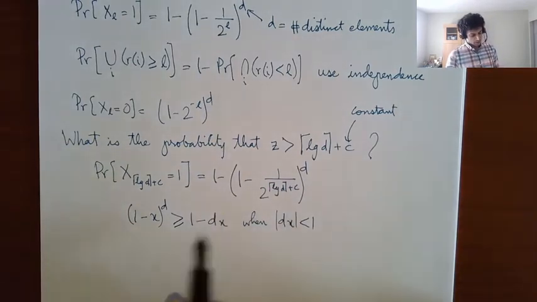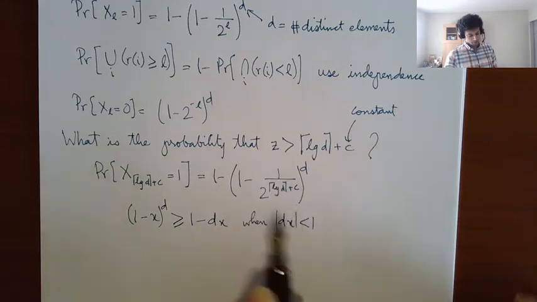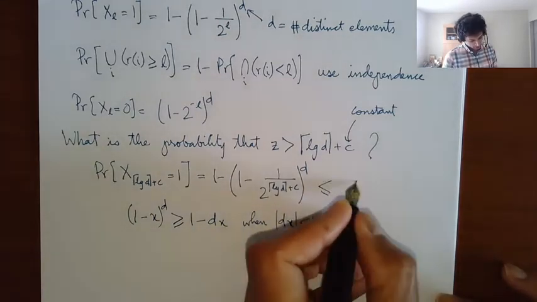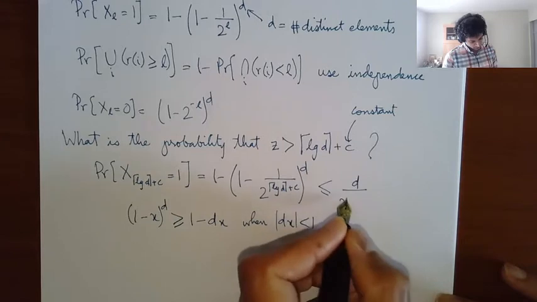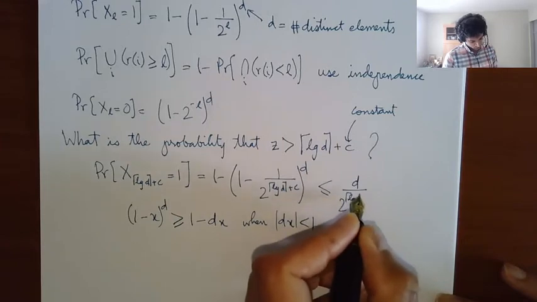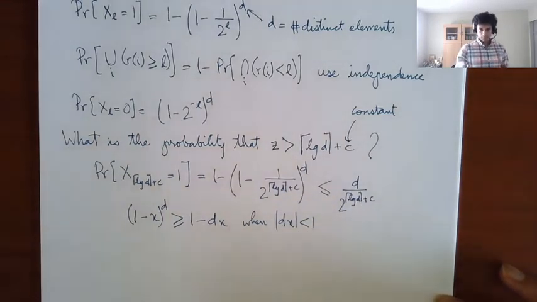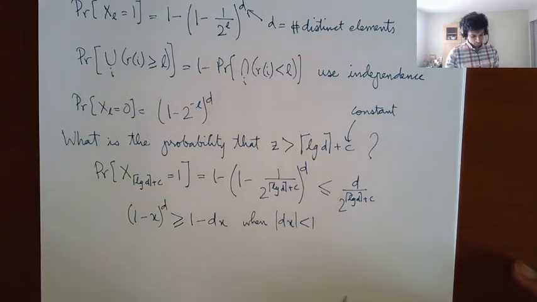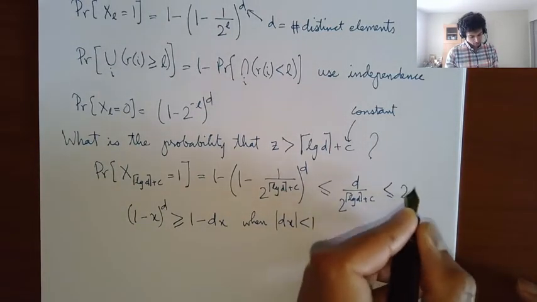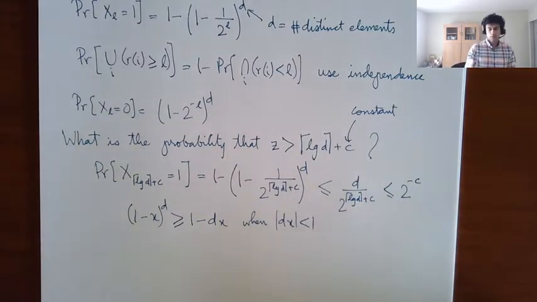And so I have a lower bound on 1 minus x to the d, so then I can upper bound this by d divided by 2 to the log D plus C. And so what I get here is just 2 to the minus C.